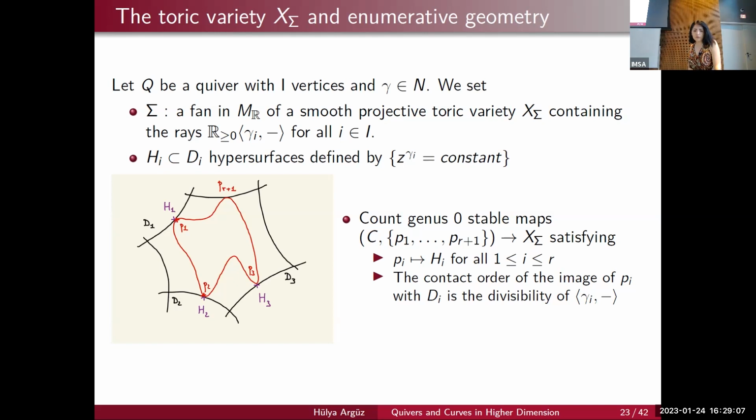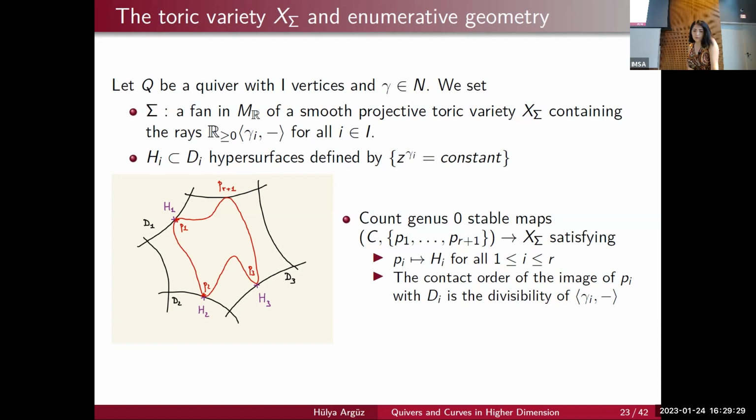And to define the enumerative problem, we also define hypersurfaces from the data of the quiver or the dimension vector, H_i, and the toric boundary divisor D_i, which is the divisor in the toric variety corresponding to this ray R_{\geq 0} gamma_i.